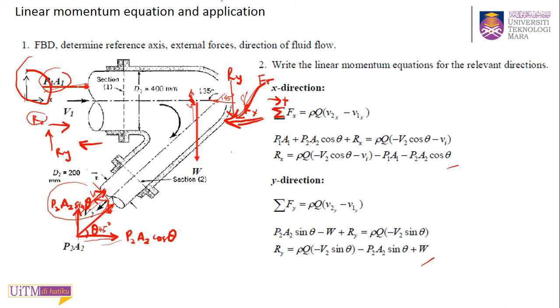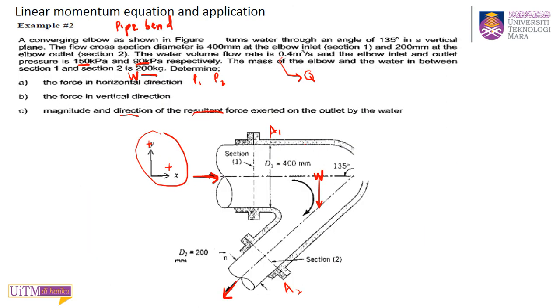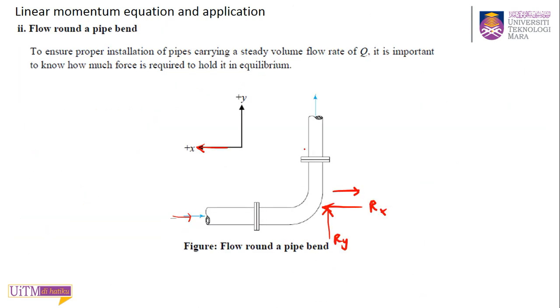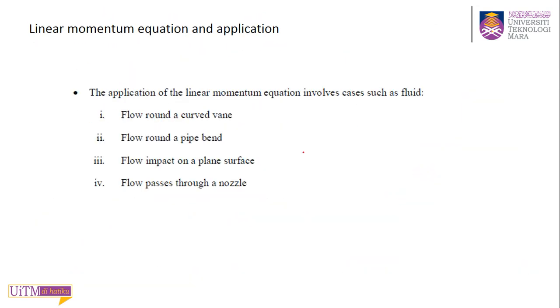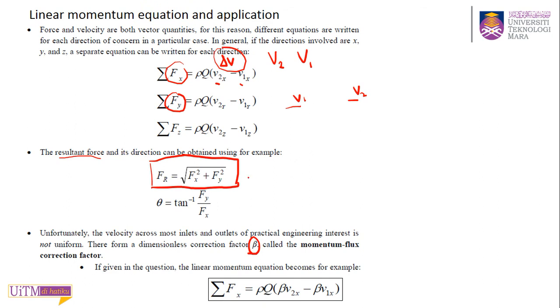Okay, sir. Alright. Sir, is the angle between FR and Rx or FR and Ry? Good question. In definition, when you want to calculate, let me show you this. Let's say this is your Fx, and this is your Fy.